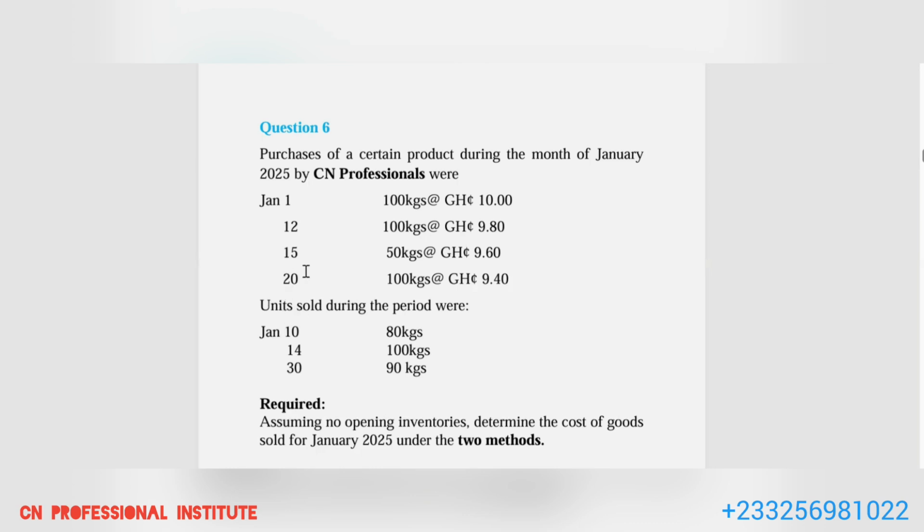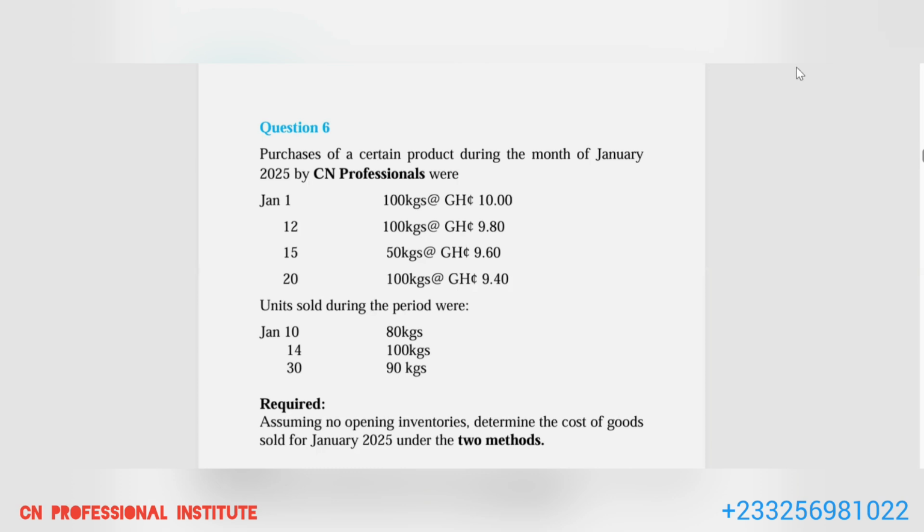The requirement is to determine the cost of goods sold for January 2025 under the two methods, the FIFO method and the weighted average method. So we are going to look for the cost of sales.